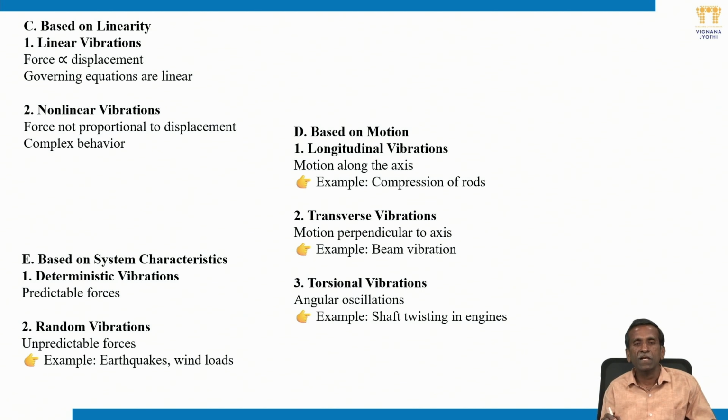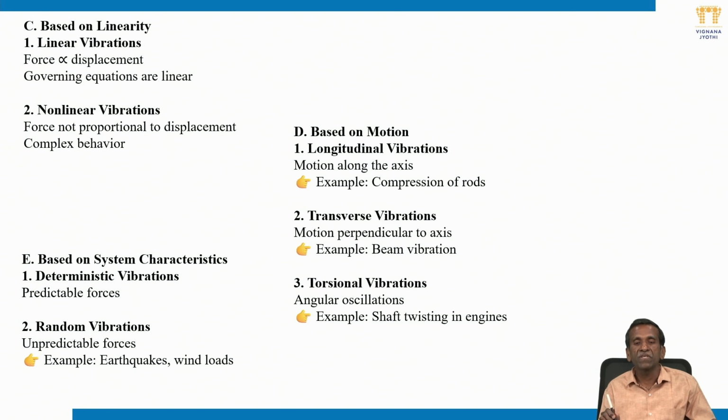The other category is based on motion: longitudinal vibrations, transverse vibrations and torsional vibrations. If you apply an external force along the axial direction of a shaft or any component and then leave it, and the oscillations are in the axial direction, it is called longitudinal vibration. Transverse vibration means the motion is perpendicular to the axis.